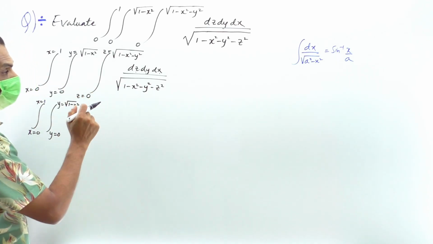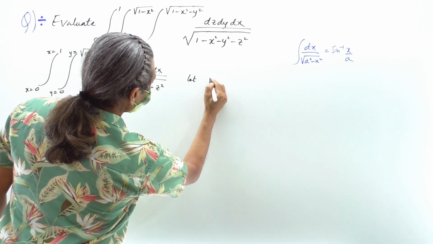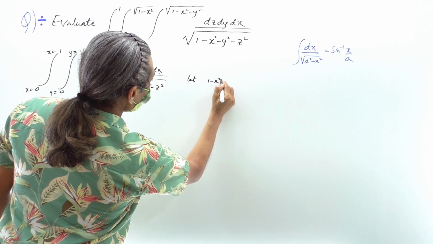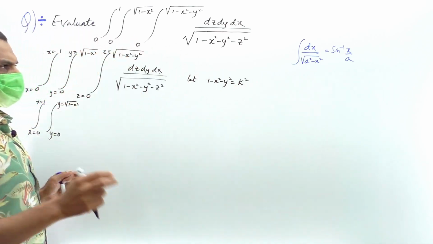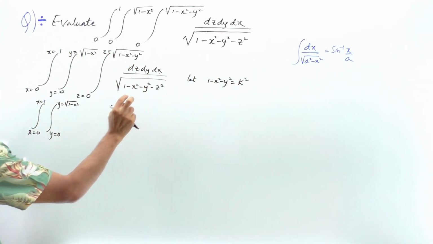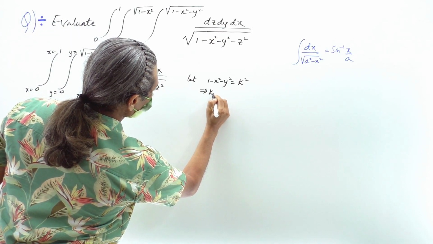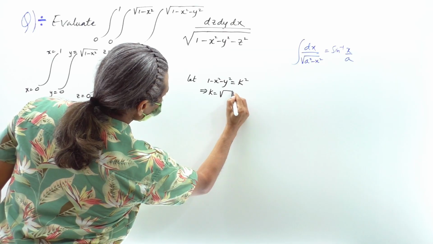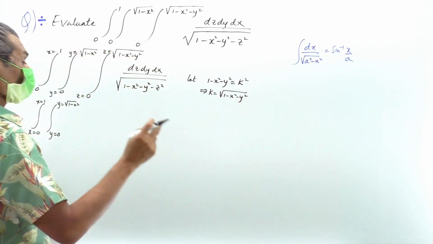Then let 1 minus x square minus y square equal k square. Here I've taken a, and let me take k. Make it simple. Then k is equal to root of 1 minus x square minus y square. This will make things very simple.